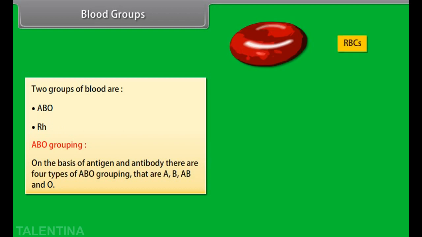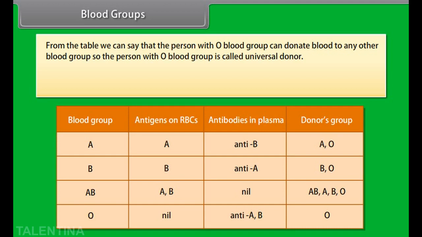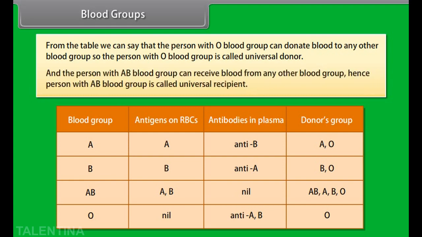On the basis of antigen and antibody, there are four types of ABO grouping, that are A, B, AB and O. From the table we can say that the person with O blood group can donate blood to any other blood group, so the person with O blood group is called a universal donor. And the person with AB blood group can receive blood from any other blood group. Hence, the person with AB blood group is called a universal recipient.